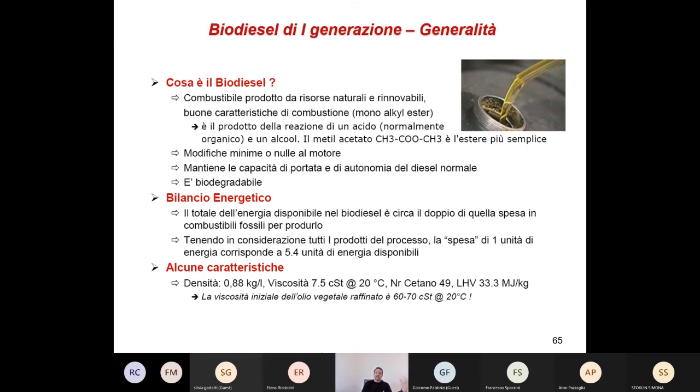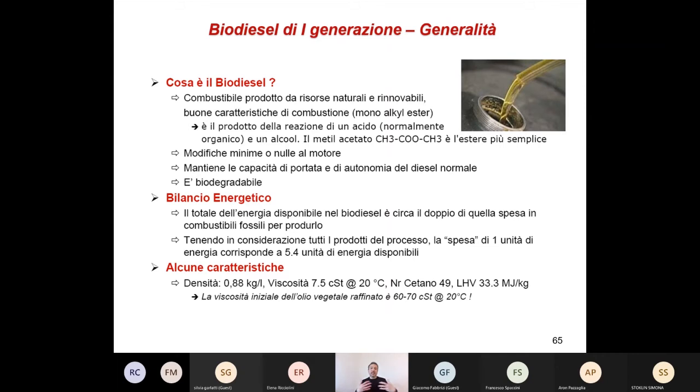Okay, so when you go to a distribution system, you see B7. B7 means biodiesel 7%, so the maximum percentage of biodiesel is 7%. But probably this percentage could be higher without any problem with the engine.